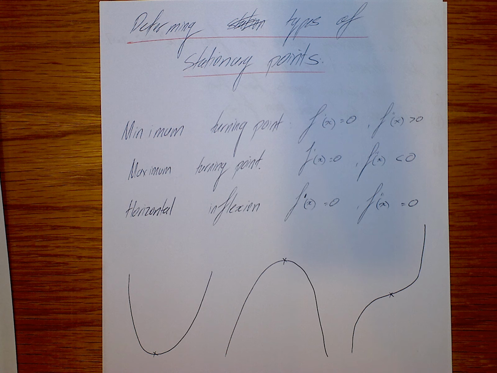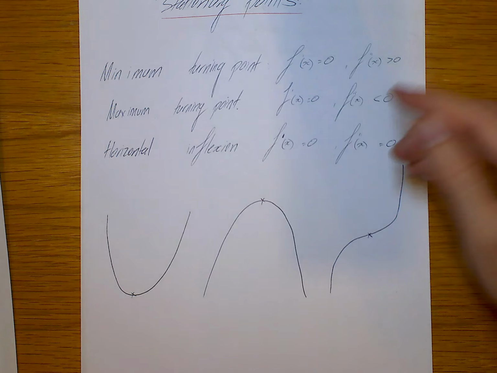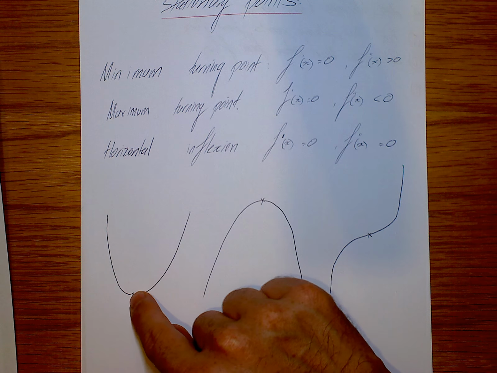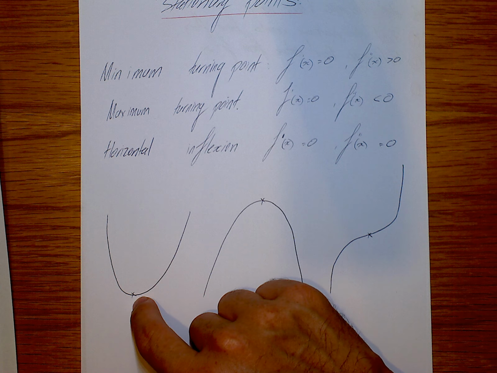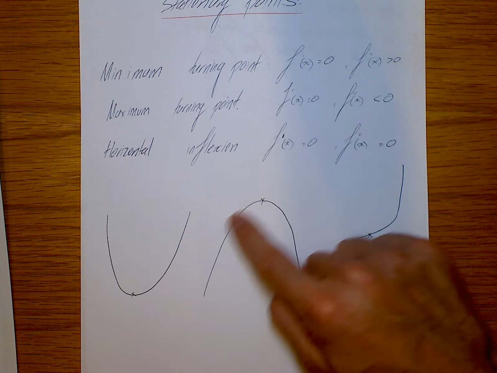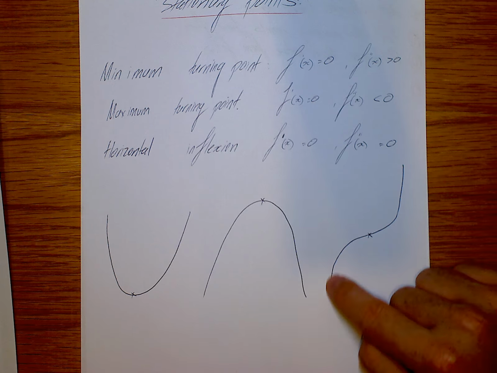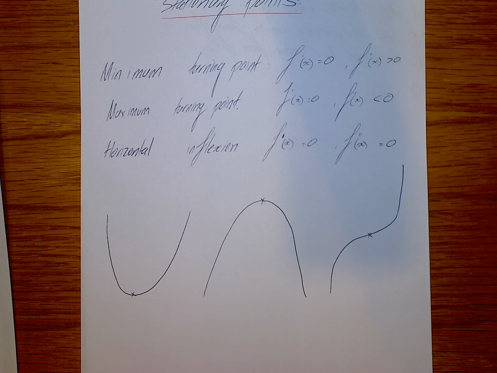So if we're doing a minimum turning point, that would be where it bottoms out. So it's the lowest, the minimum value it can be. And our maximum is the highest point it can be. Our horizontal inflection is where it's going to have a gradient equals 0.